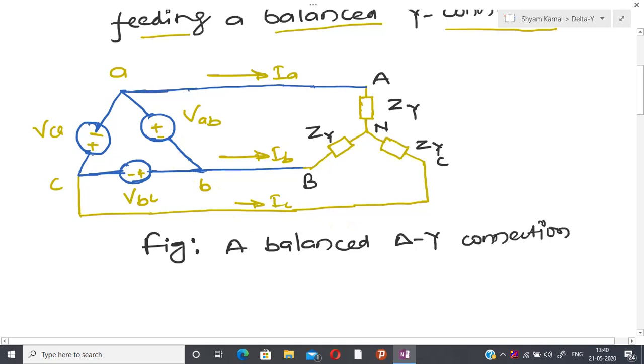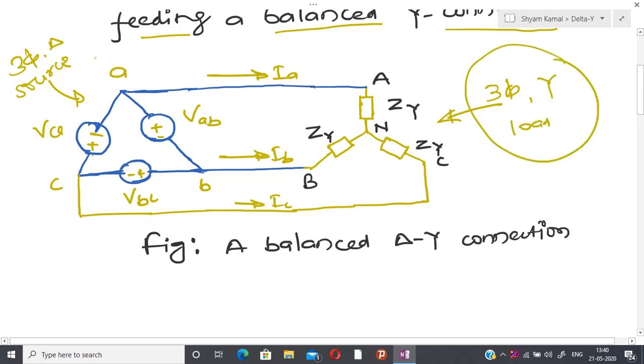So here you can see the topology of the 3-phase delta source, and here I have the 3-phase Y load. All other things are very standard.